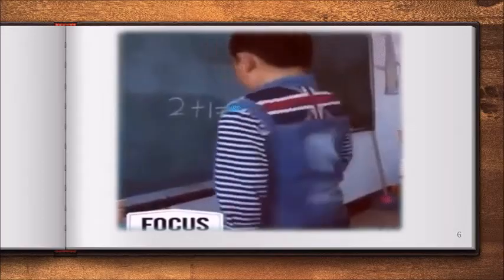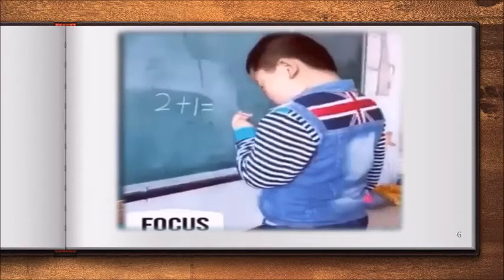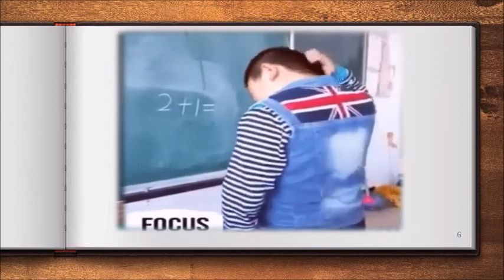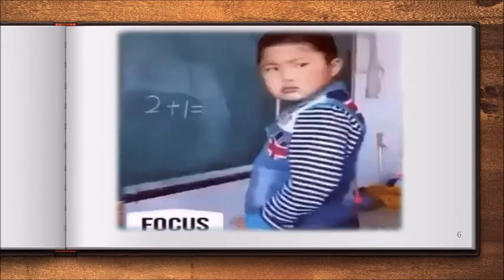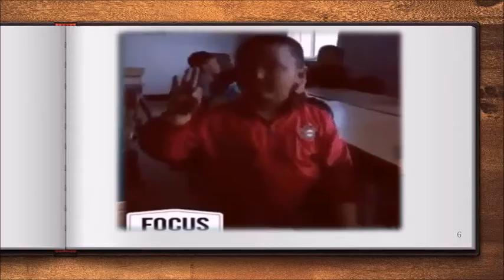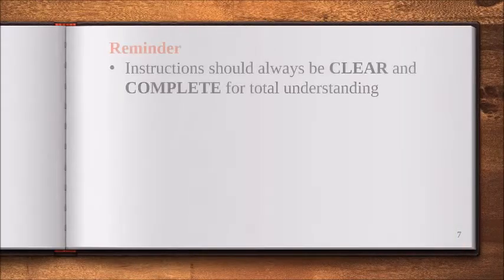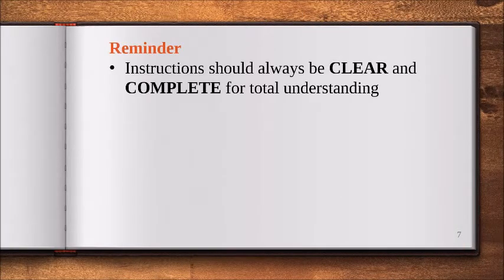Ito yung mga bata na kailangan muna silang i-guide ni teacher at kailangan muna nilang matutunan yung konsepto in a step-by-step manner before they become independent learners. Kaya dito natin tatandaan na napaka-importante na ang mga explanation at instructions na ibibigay natin ay clear and complete.